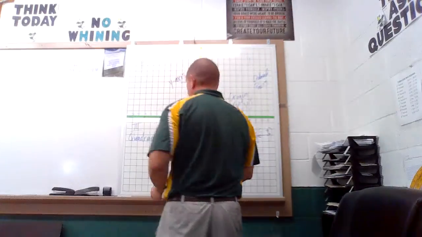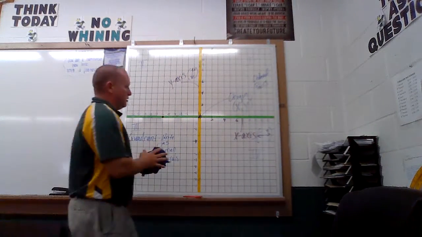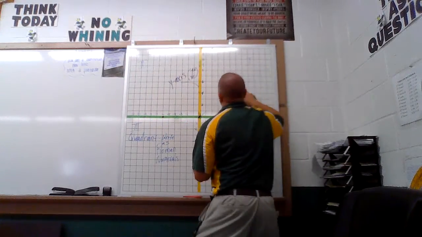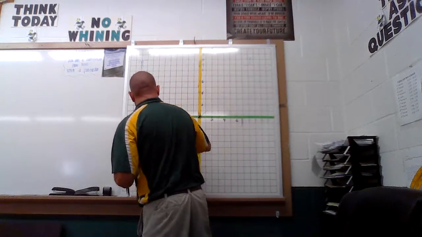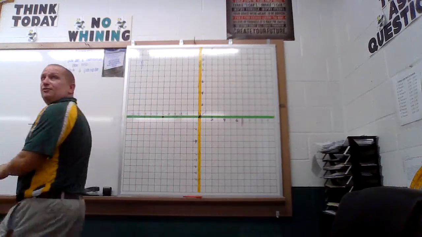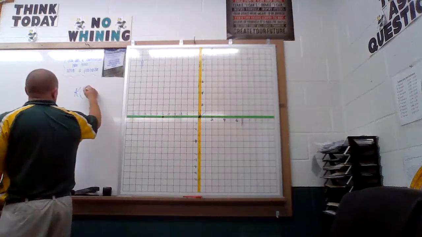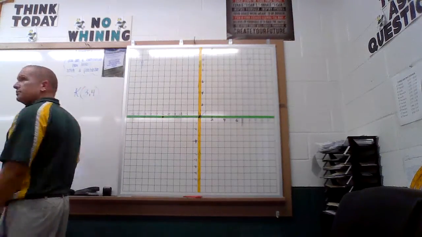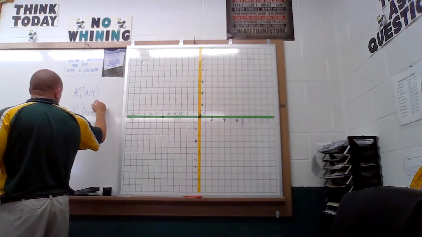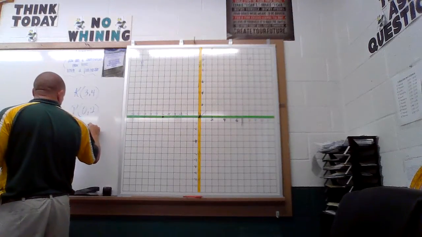Okay? So, let's look at one of these, or some of these. So, for instance now, if they tell me, I'm going to erase this so I have some room. So if they say that the first problem is K, and we're going to name or put K at 3, 4, and then we have P at 0, 2, and we have D at 5, 3.